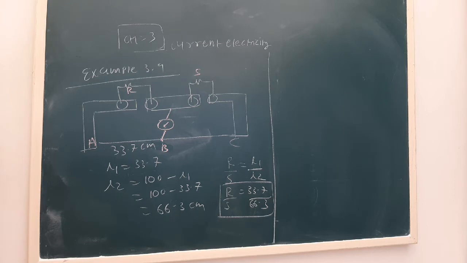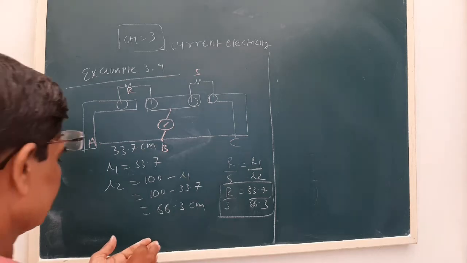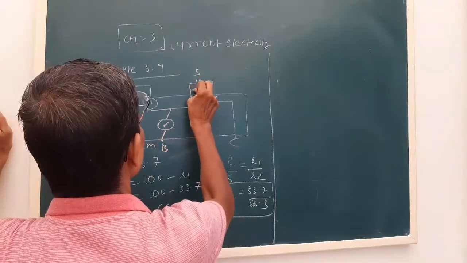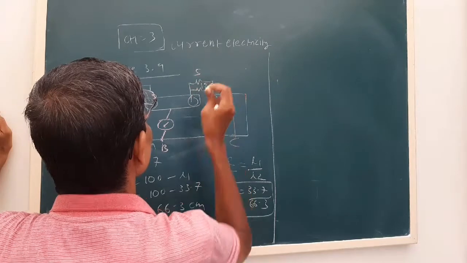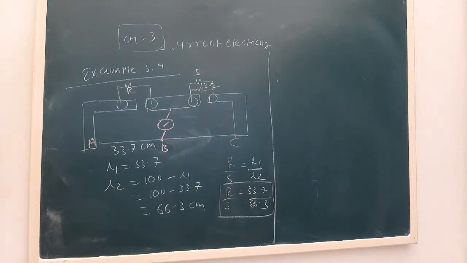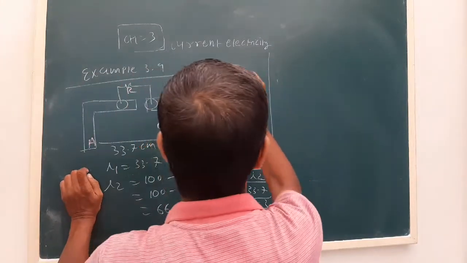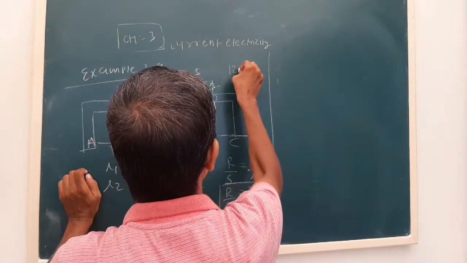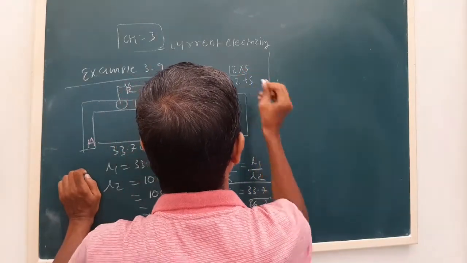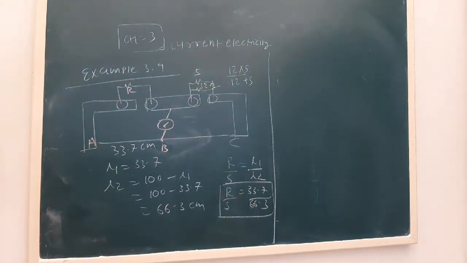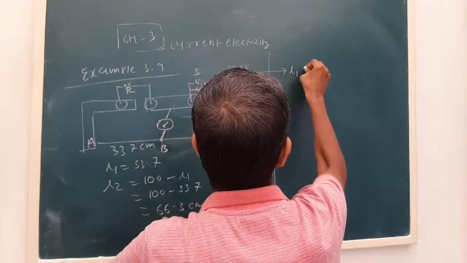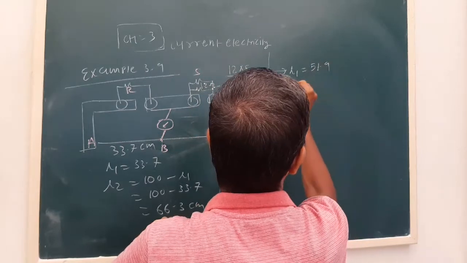Now it says that when a 12 ohm resistor is connected in parallel with S, the equivalent resistance is R1, 12 into S upon 12 plus S. In that case the null point shifts to 51.9.